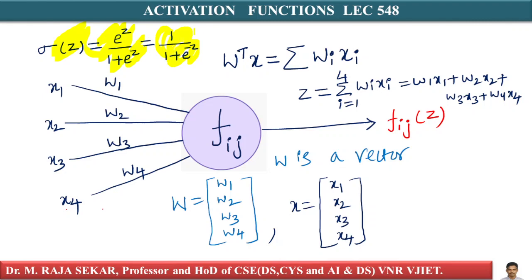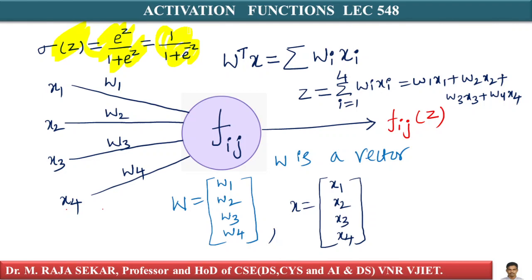If you recall our logistic regression, this is nothing but what we use in logistic regression. Sigma is exactly the sigmoid function that we used in logistic regression, and one of the most popular activation functions in the olden days.